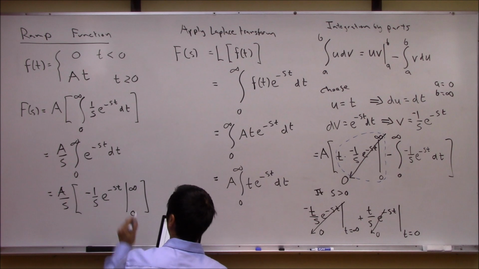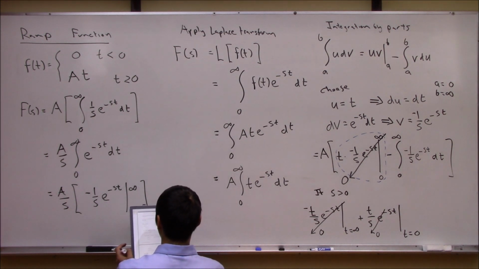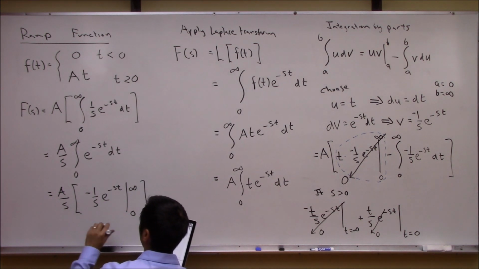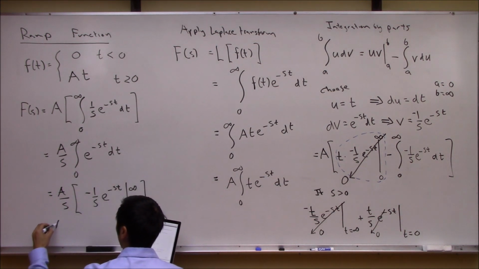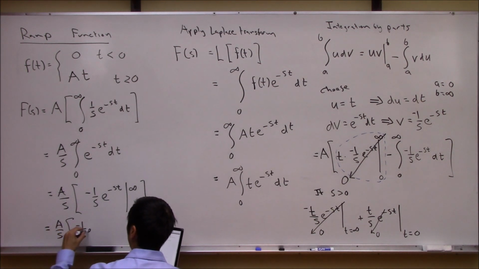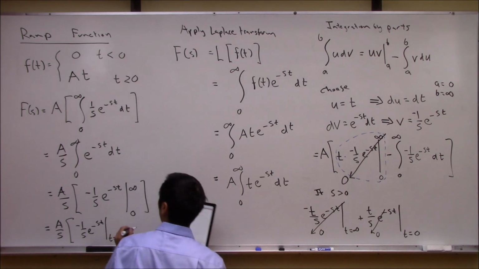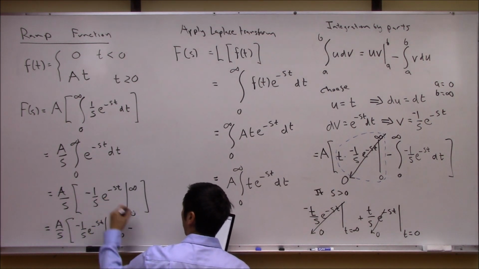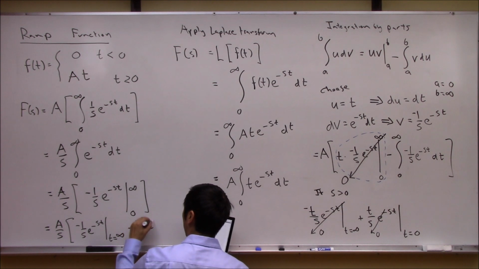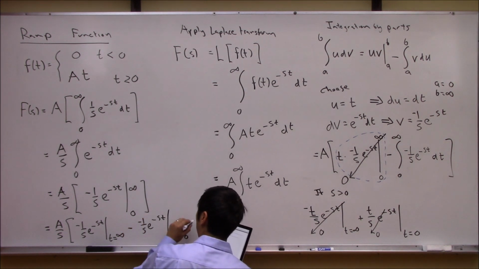That's what we end up with for that integral, okay? All right, maybe we should have broken this out. Let's break this out into the two terms again so we can look at them. So this is minus 1 over s e to the minus st evaluated at t equals infinity, minus a negative 1 over s e to the minus st evaluated at t equals 0.